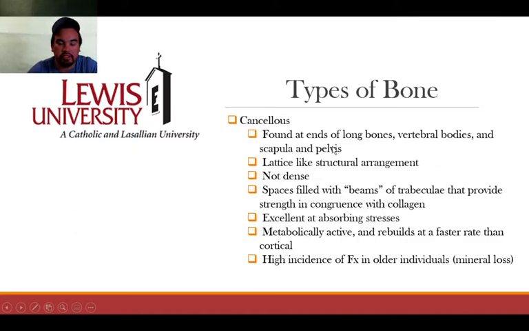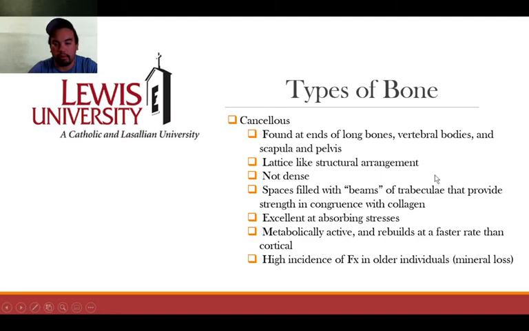Then you have this cancellous bone, which is found at the end of long bones, vertebral bodies, and scapula and pelvis. It's a lattice-like structural arrangement. It's not very dense. It's filled with beams of trabeculae that provide strength and congruence with the collagen. It's excellent at absorbing stress. So you think of like our hips, our vertebral bodies, these long bones in our femurs and things like that.